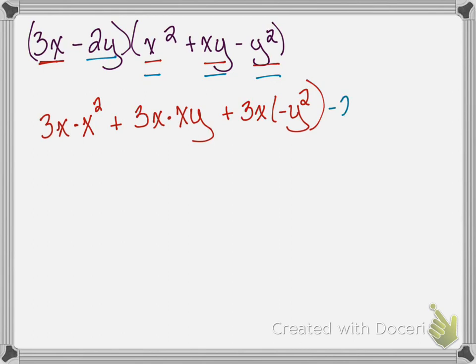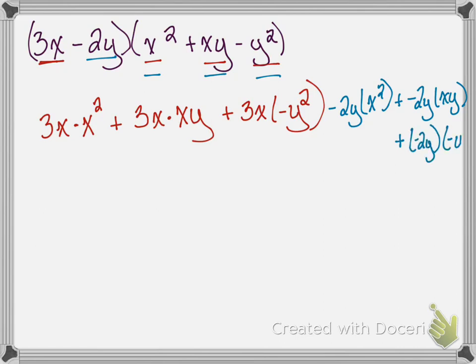So I'm going to have -2y times x squared. Then I have -2y times xy. And then I have -2y times -y squared. Okay, and I always write too big, so sorry about that.